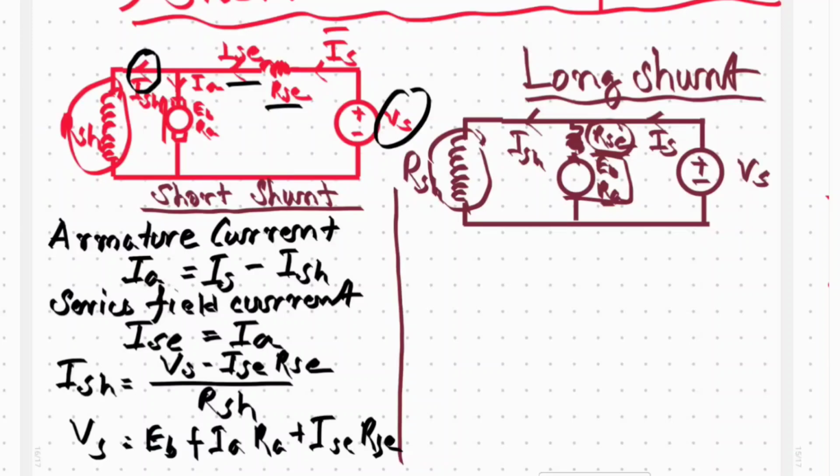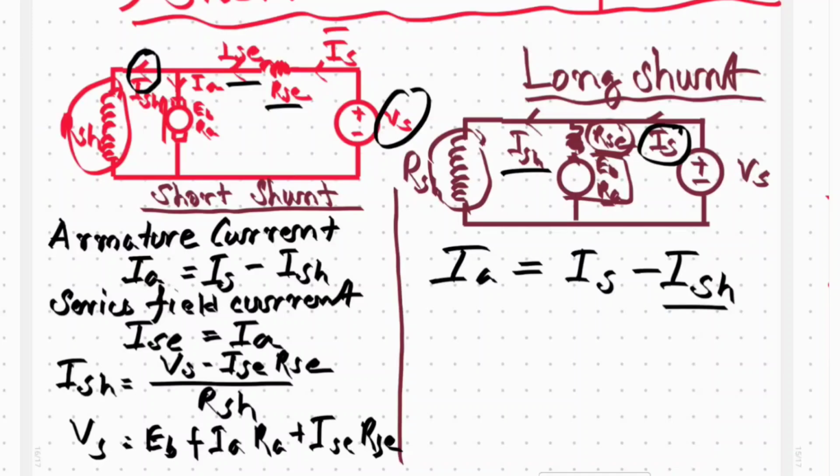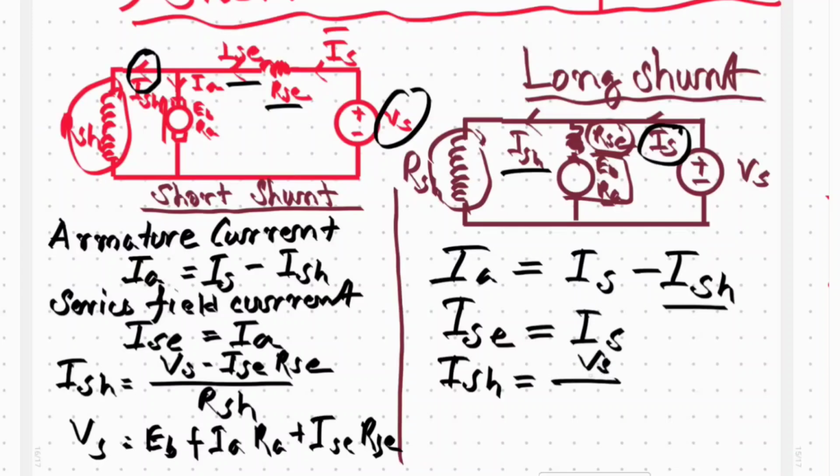Now we'll see the equations for the long shunt. Here the armature current IA is equal to IS minus ISH, since the supply current is divided. The series field current ISE is equal to IS, and the shunt field current ISH is equal to VS by RSH.